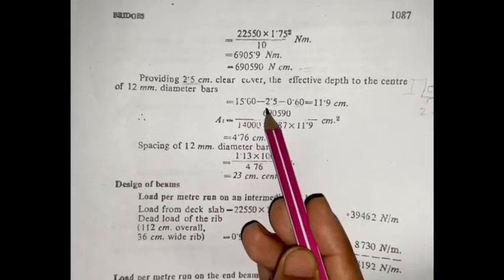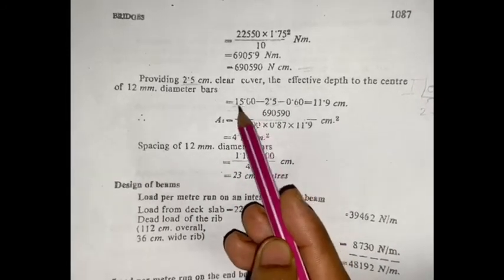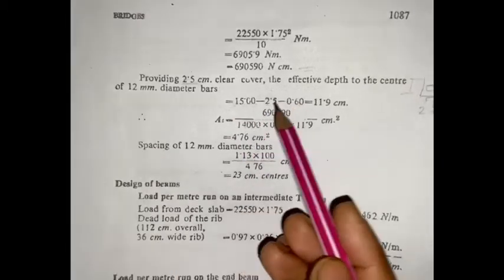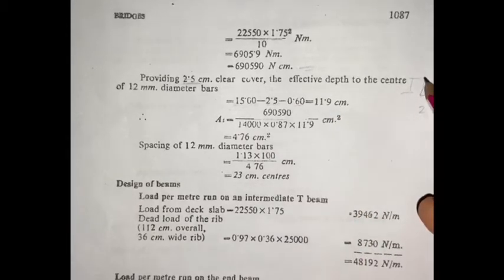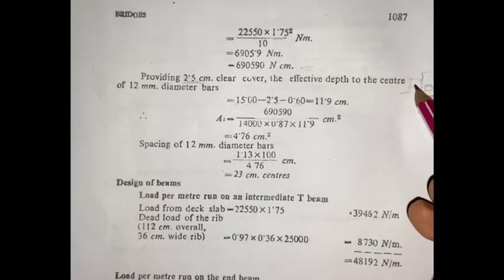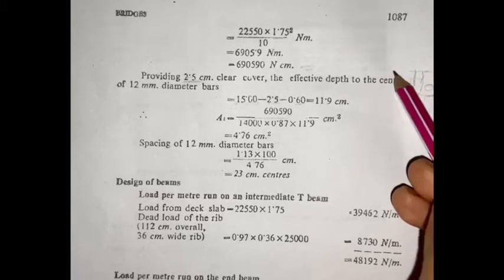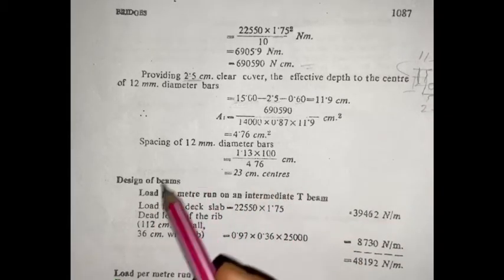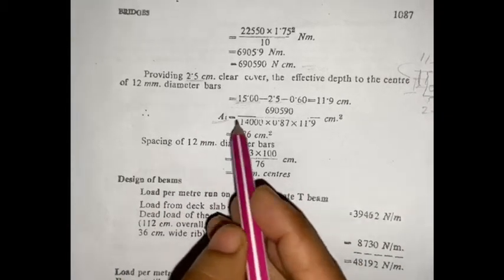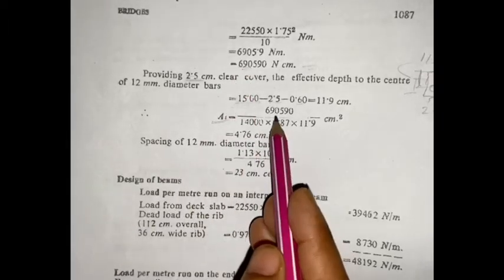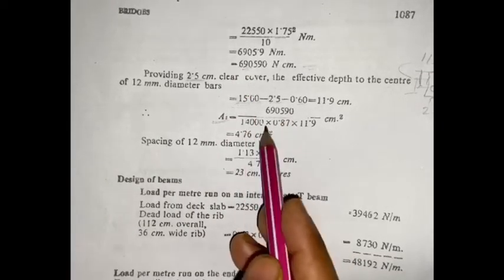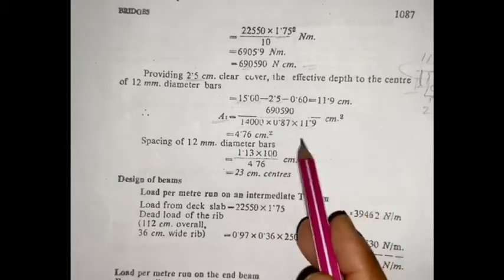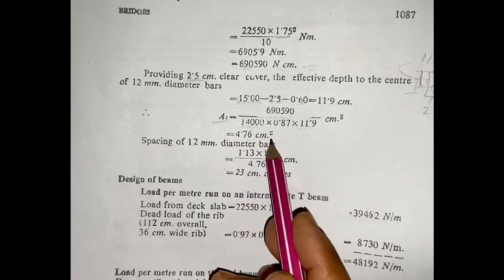So for the effective depth of the slab we have 15 centimeter total depth, and we will reduce this from this, so we will get 11.9 centimeter. This is the leftover depth, that is, the effective depth is 11.9 centimeter. Okay, so for area of steel, AST equal to maximum bending moment 690,590 divided by 1400 into 0.87 into this depth, so we get 4.76 centimeter square.